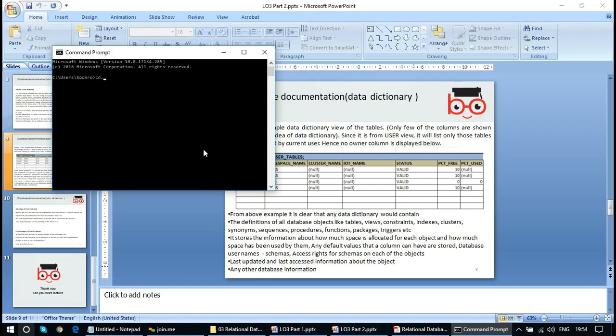So you must have used this command prompt. Yeah, absolutely.